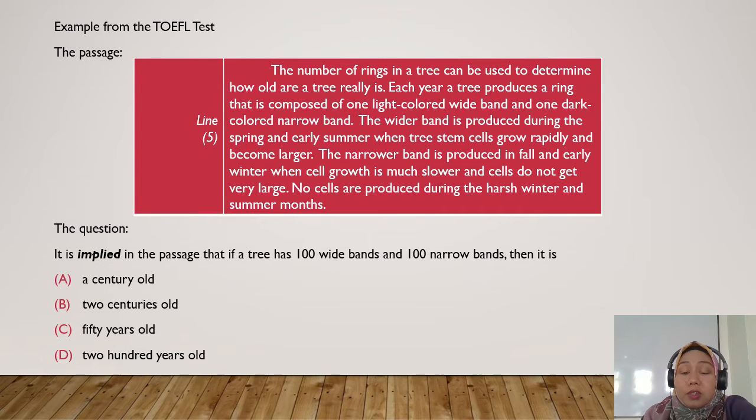Here, each year, a tree produces a ring that is composed of one light colored wide band and one dark colored narrow band. So if it has 100 wide bands and 100 narrow bands, then it is 100 years old. So the answer is a century old.